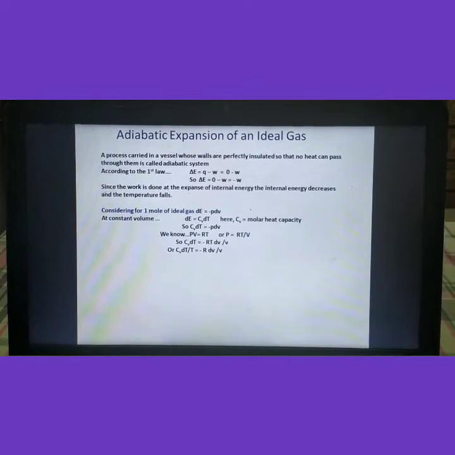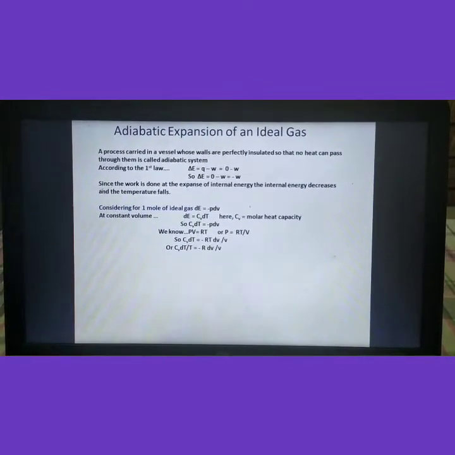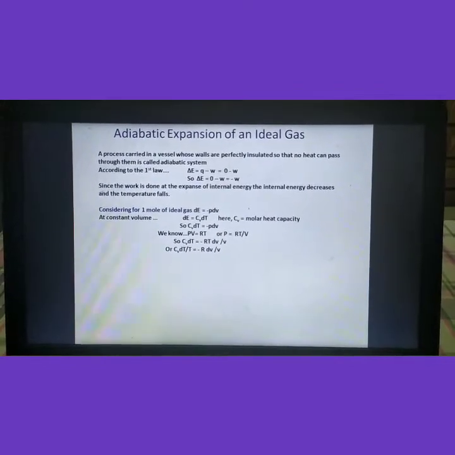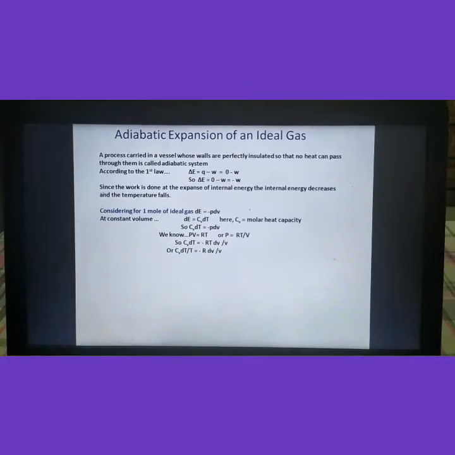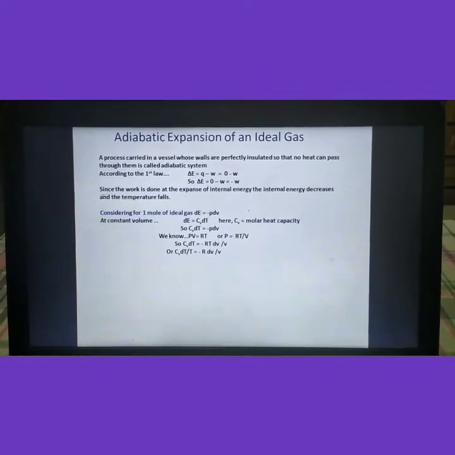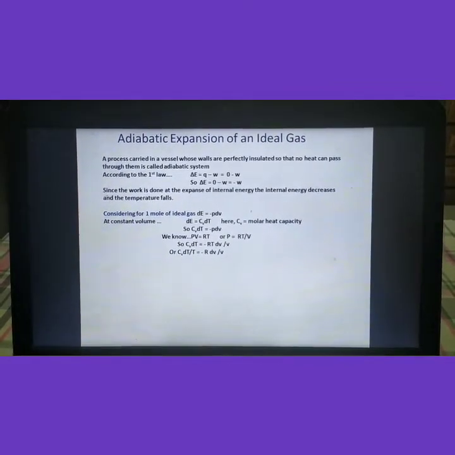Considering 1 mole of ideal gas, we know dE is equal to minus PdV. At constant volume, dE is equal to Cv dT. Here Cv is the molar heat capacity. So Cv dT is equal to minus PdV.